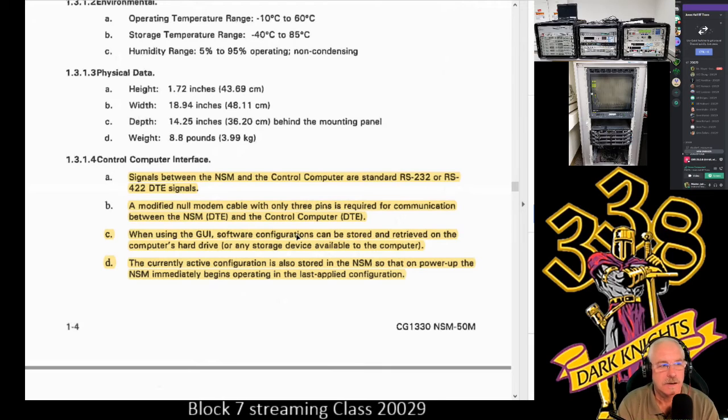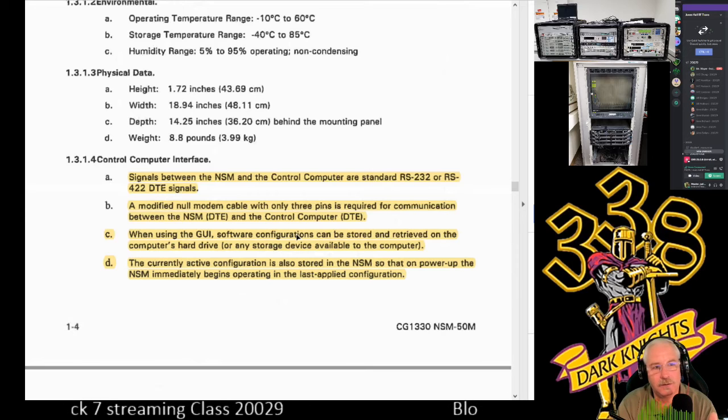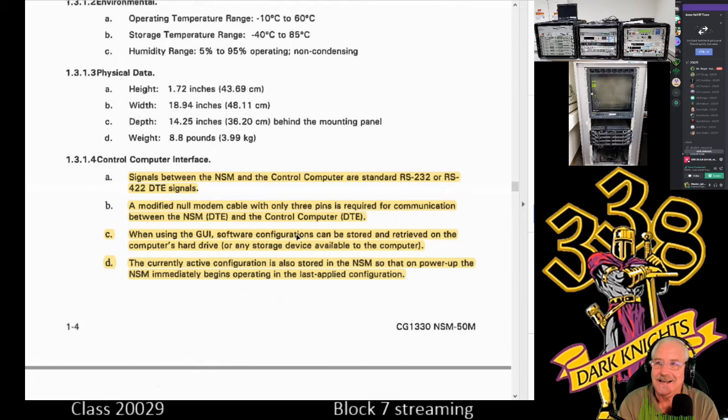Now, you can see 1.3.1.4 control computer interface. This is what you're going to be using where it says the NSM, the control computer. That's that GUI that you're going to be using in order to program it. And you're going to use either a 232 or a 422 DTE, Data Terminal Equipment.